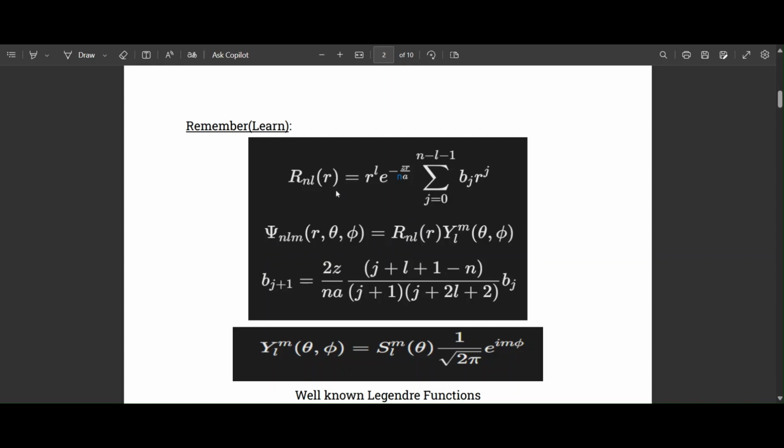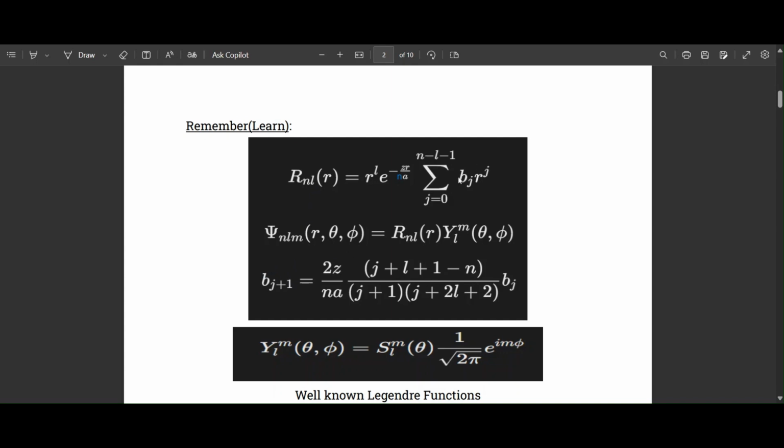Now the radial part can be calculated by this formula: r to the power l, e to the power minus Zr upon na, and this summation from j equals 0 to n minus l minus 1, of bj r^j, where this bj is a constant, and n and l are the quantum numbers. Everyone knows that l is the azimuthal quantum number.